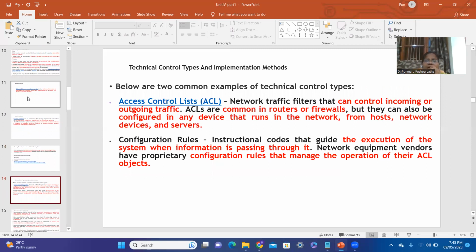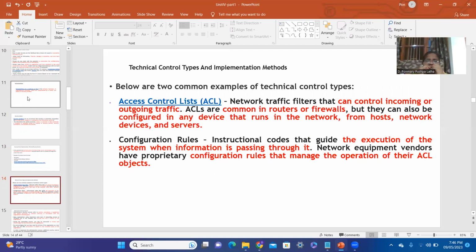There are two common technical controls. One is access control lists, ACLs. They can control the incoming or outgoing traffic.